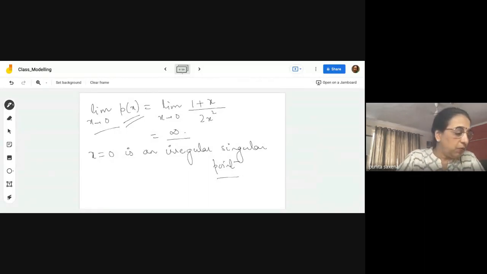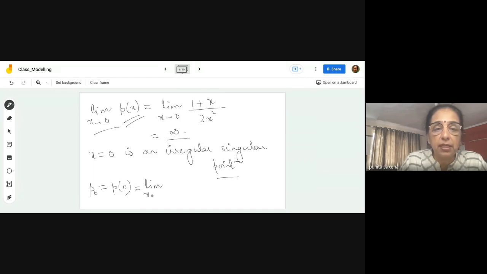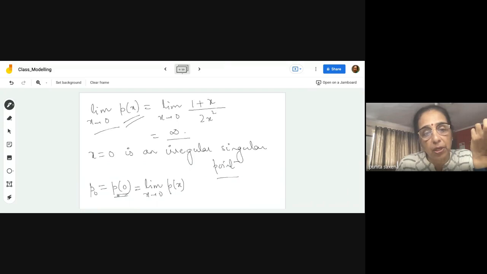In fact, if you see your book, you will see that they call this term p naught, which is small p evaluated at 0, that is, the limit as x tends to 0 of small p(x). Now p evaluated at 0 makes sense when p itself is a polynomial: just put x equal to 0 and you get the value.